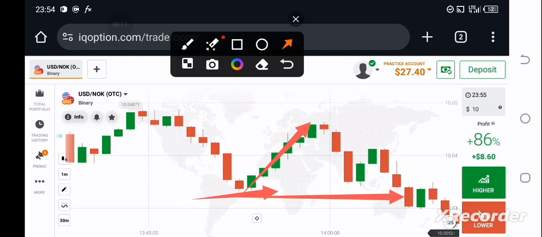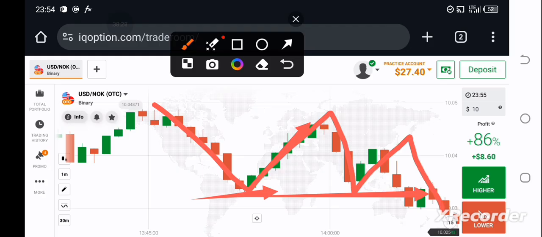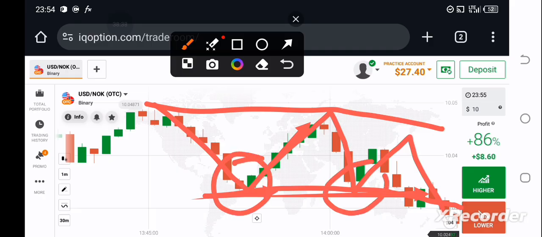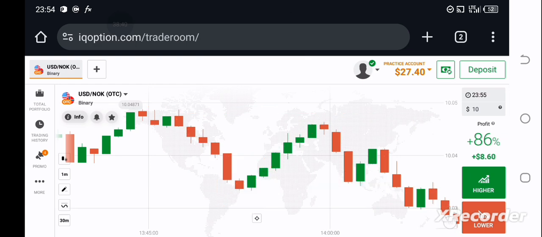Now it may not work as a level because of this structure. Look at this, this is the structure of the market. It's moving in a channel. So this will not be your next level. Your next level will be on the lower support level.